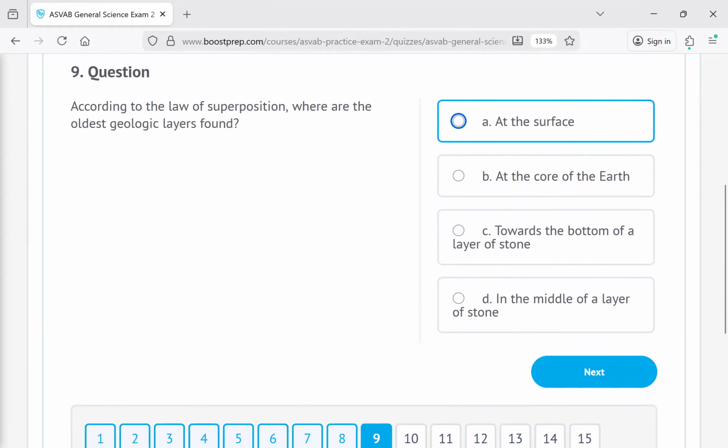According to the law of superposition, where are the oldest geologic layers found?